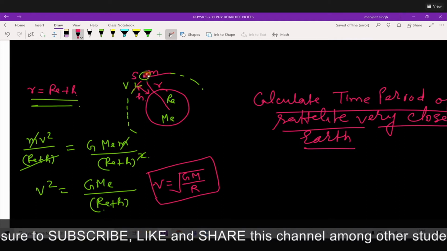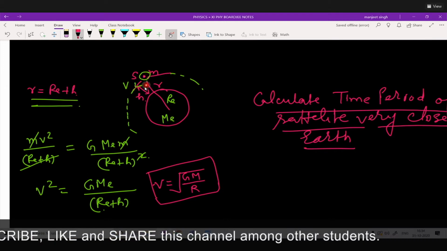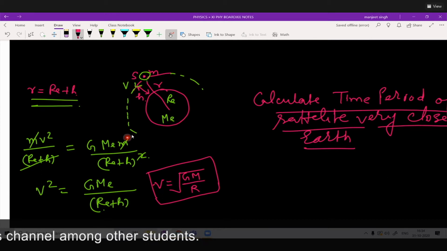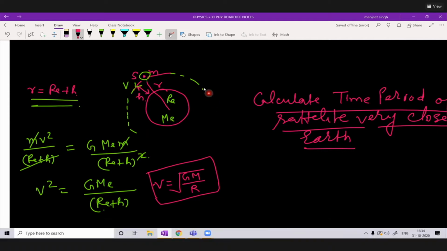It is moving with velocity v around the Earth in a circular orbit. Anything moving in a circular orbit needs a centripetal force, and that will be provided by the gravitational attraction between that body and the Earth.